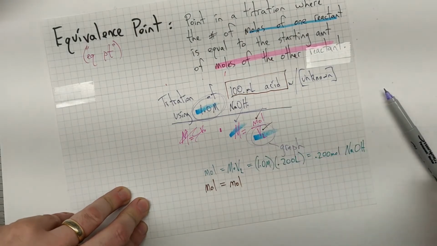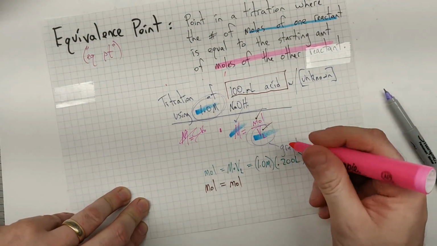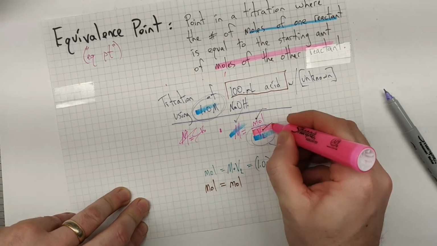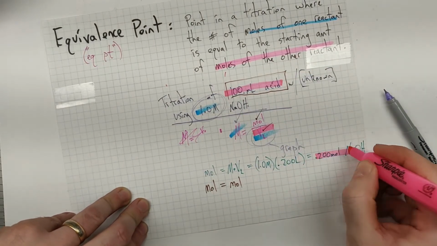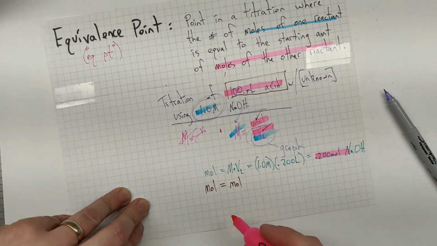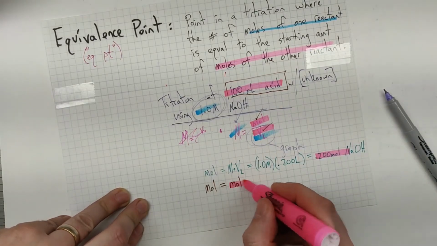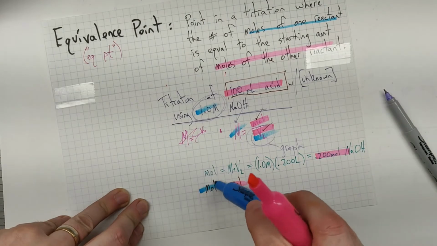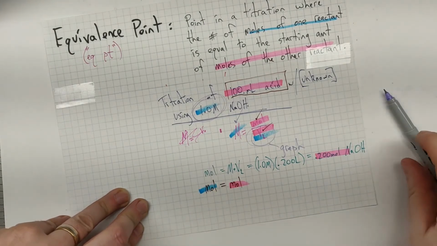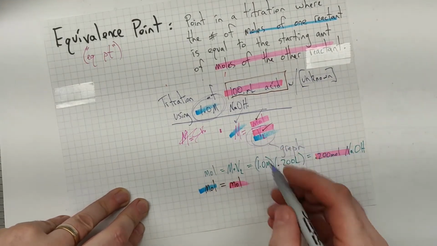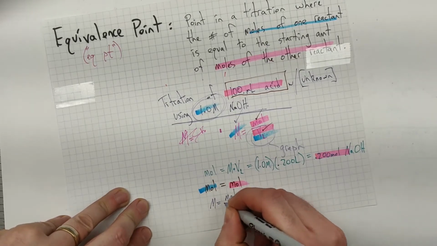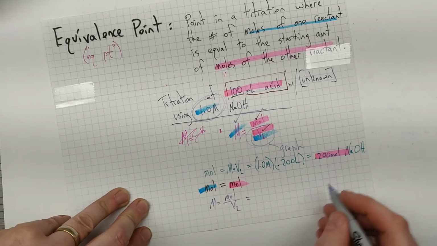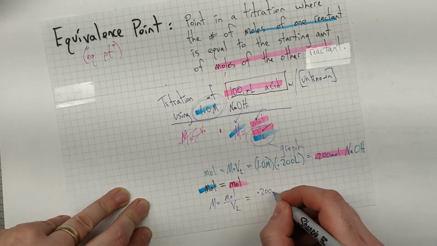All right, so I'm going to check those off. And I'm going to highlight, we have the volume right here, and we have the moles right here. Okay, we just got them because our moles is equal to our moles. Our moles of acid is equal to moles of base. So we can rearrange our molarity equation, this time solving for molarity: moles over volume in liters. Our moles in this case, 0.200 moles.